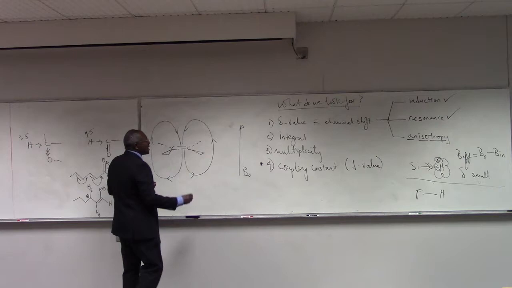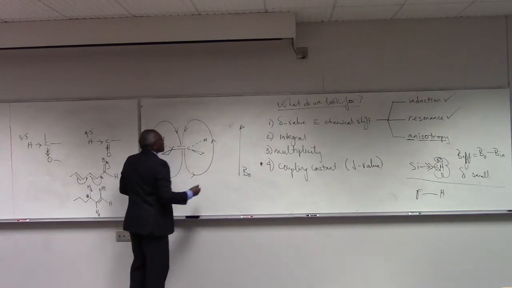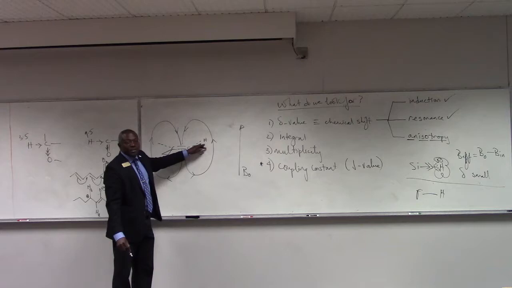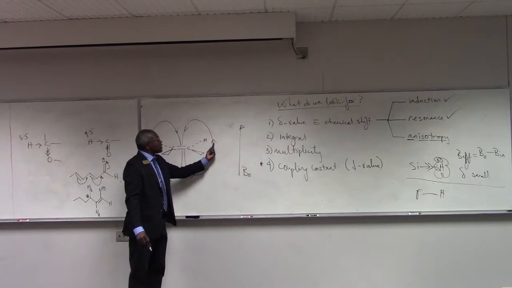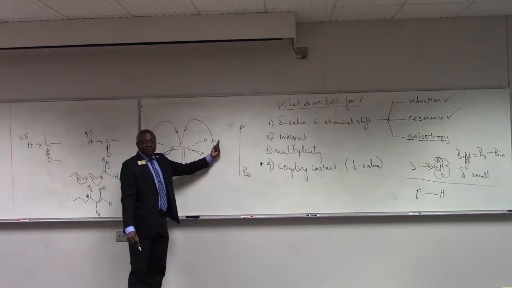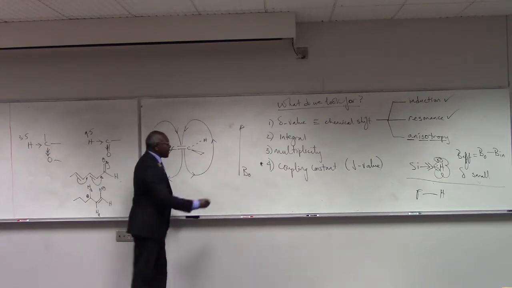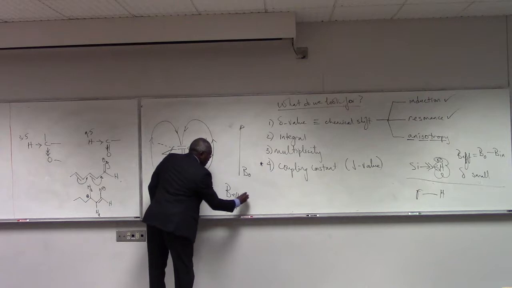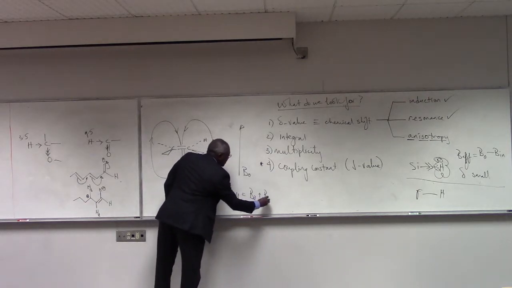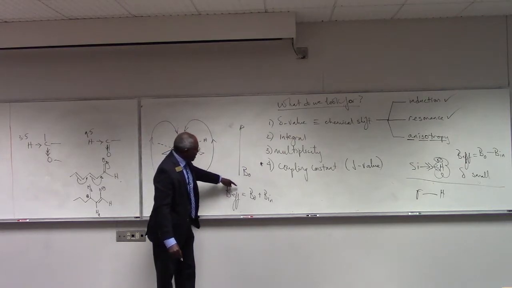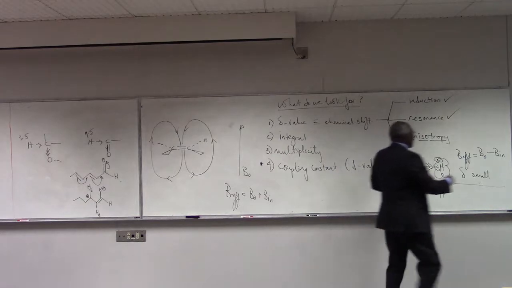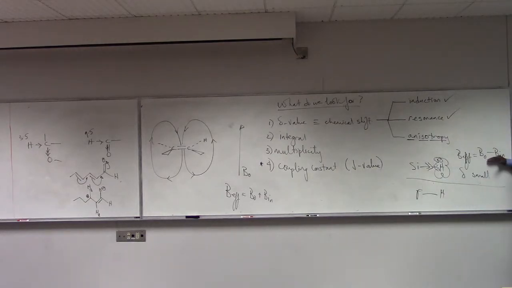So H's that are attached to the vinylic carbons, the carbons of the double bond, actually show up in a region where the field is acting in parallel, which means the B effective, which is equal to the B naught plus the B induced, is a large number. What we said here, when the induced field is large, we have a low B effective.